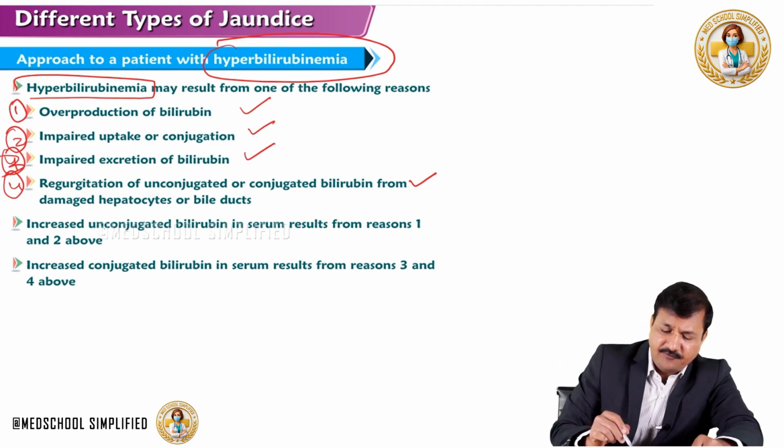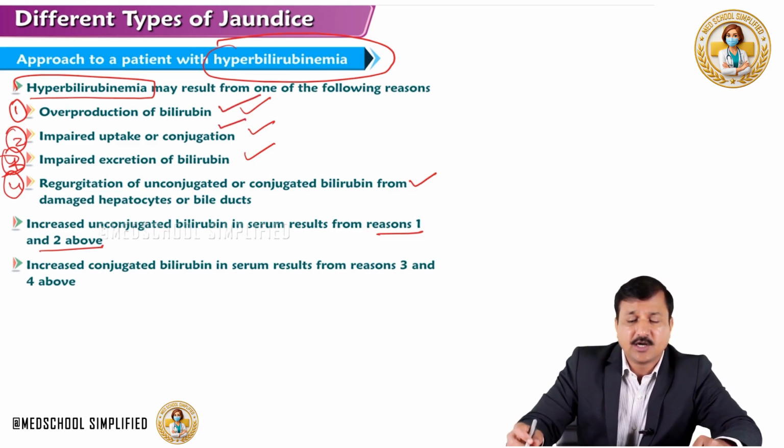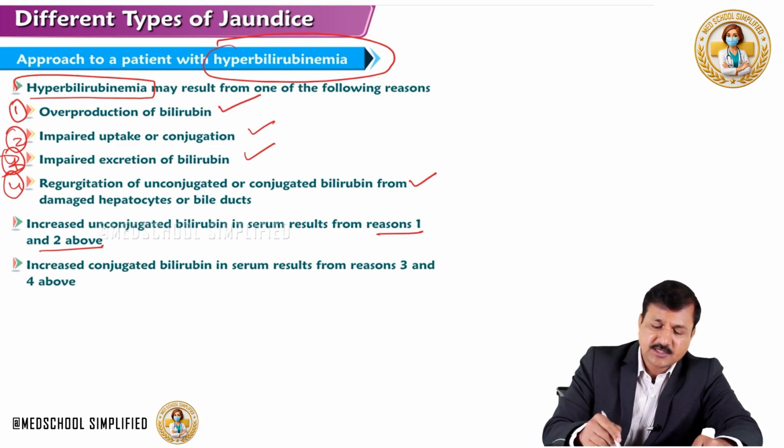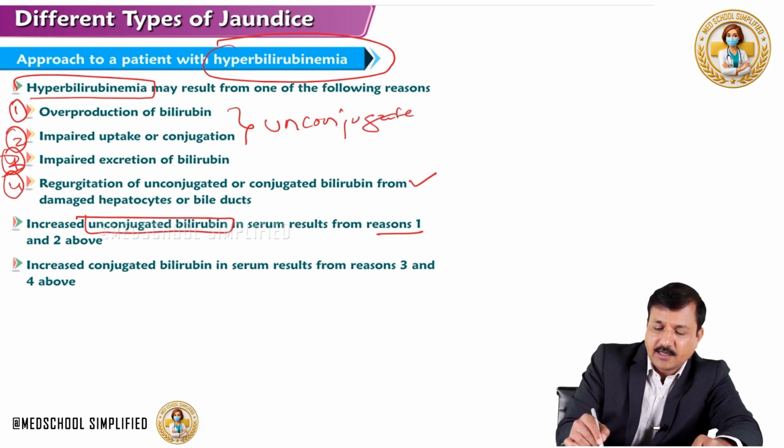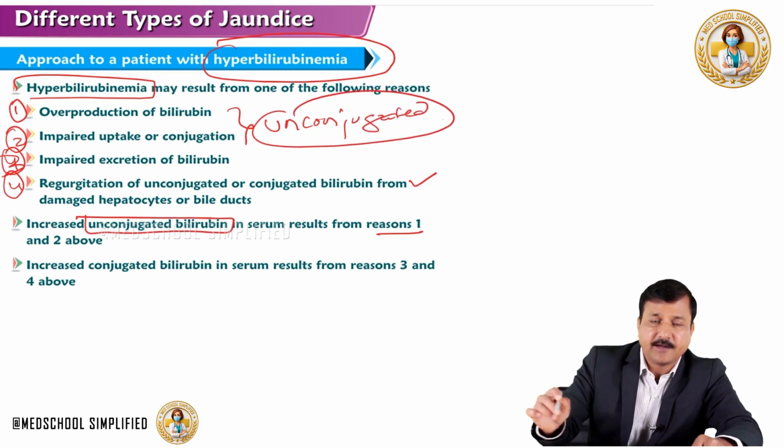If there is any defect in reasons 1 and 2 above, that is overproduction of bilirubin, impaired uptake or impaired conjugation of bilirubin, in these causes there will be predominantly elevated unconjugated bilirubin. So, these two causes will lead to unconjugated hyperbilirubinemia.